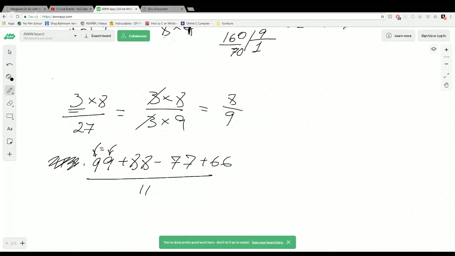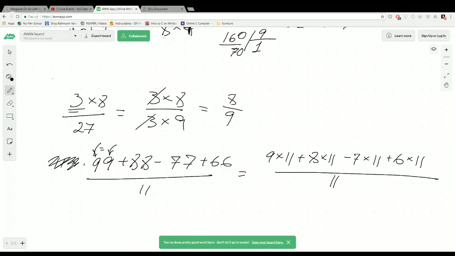And now you notice that each one of these numbers is a multiple of 11, right? 99 is 9 times 11. 88 is 8 times 11. Negative 77 is negative 7 times 11. 66 is 6 times 11, over 11.